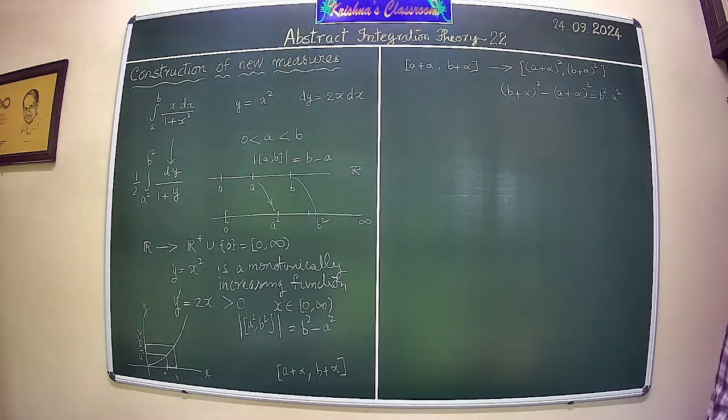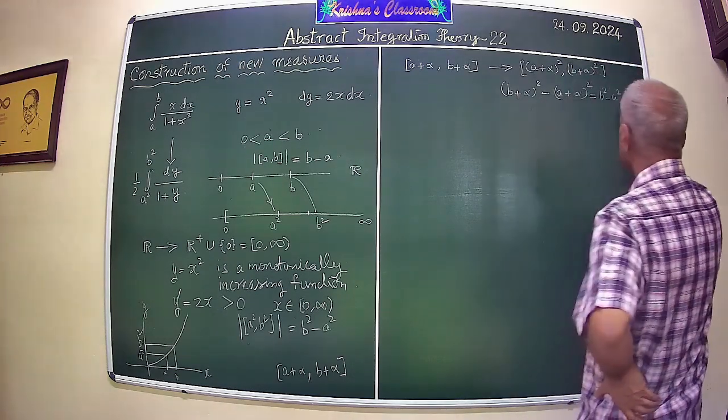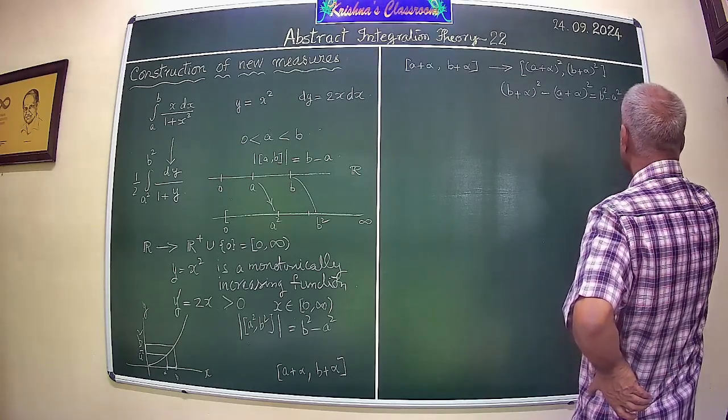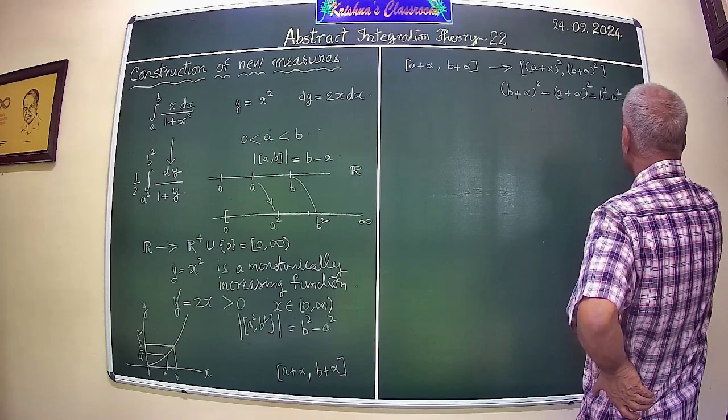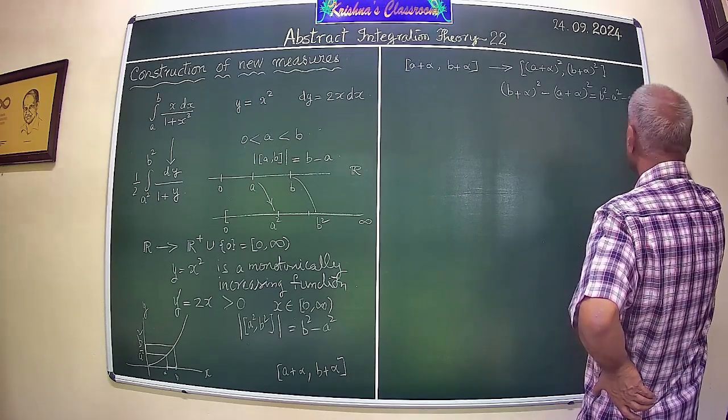Now you have got this alpha square cancelling out, but you have an additional term, namely 2b alpha minus 2a alpha.